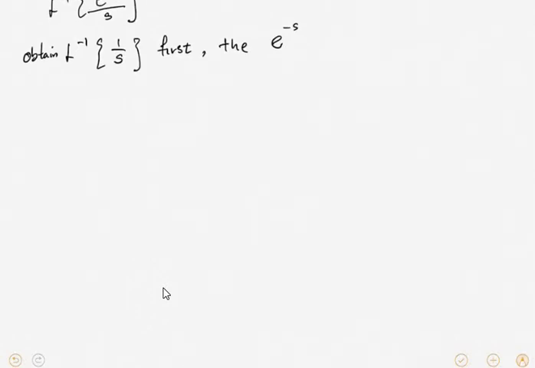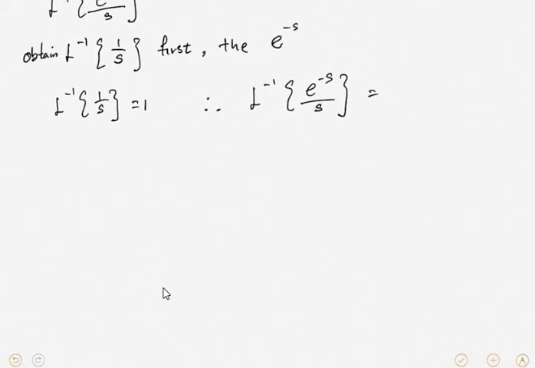As we know, the inverse Laplace transform of 1 over s is equal to 1, right? And then exponent negative s is a shift.